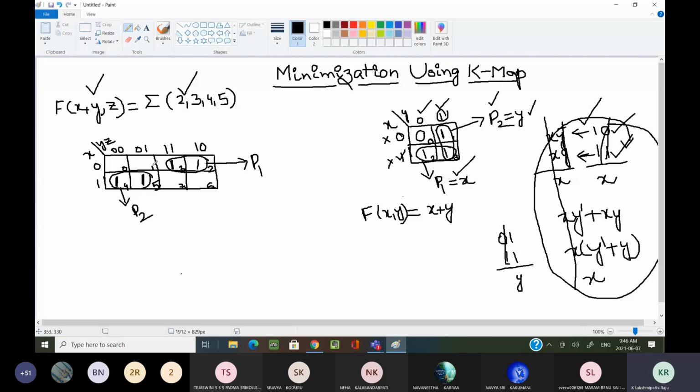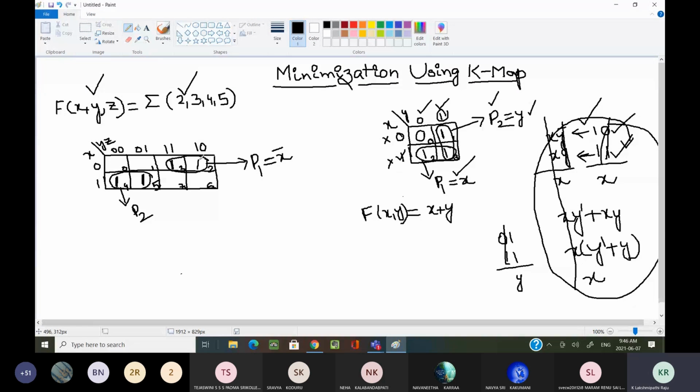Now, if I simplify the first pair, what am I going to get? Row wise, which is common? X dash, row wise 0 means X dash. Column wise, which one is varying and which is common?